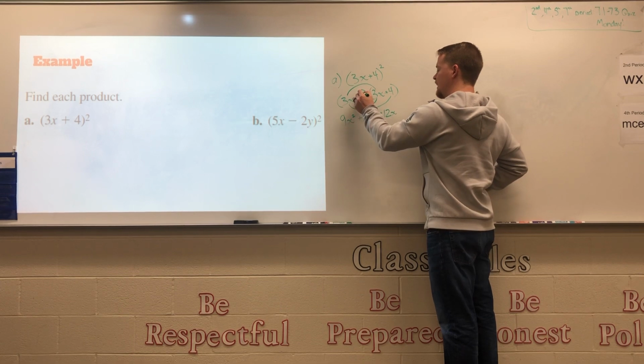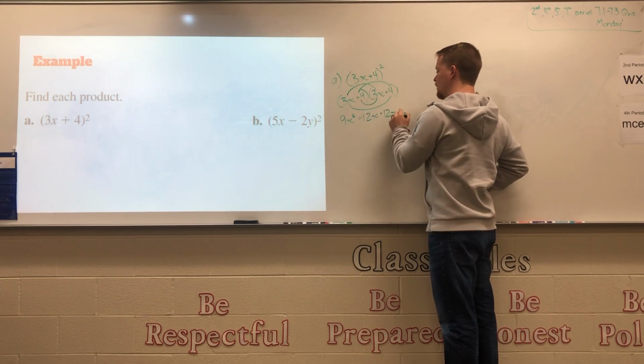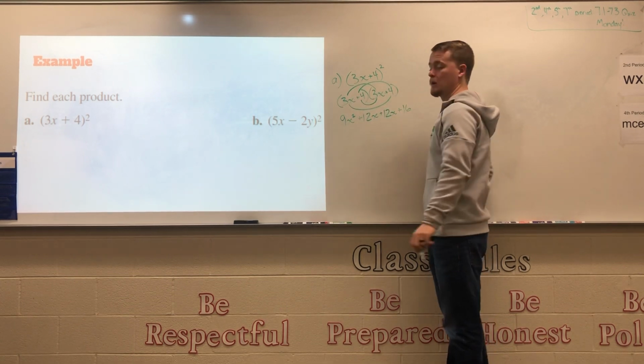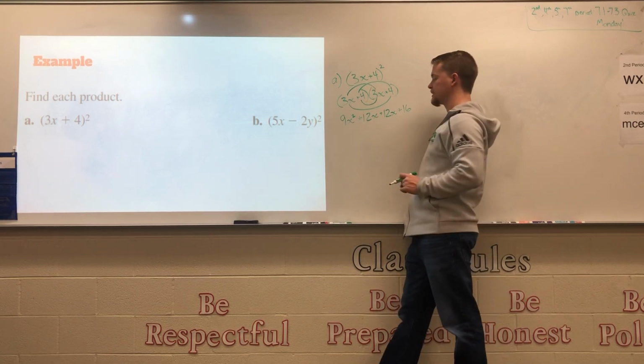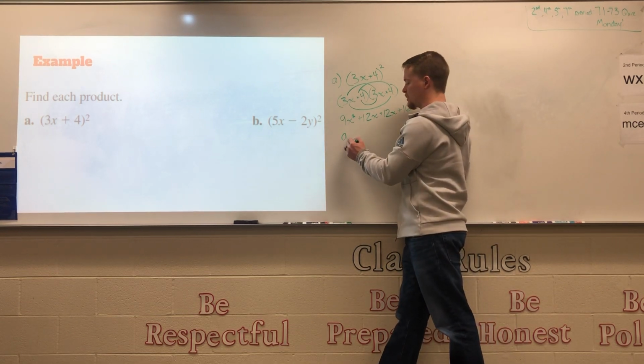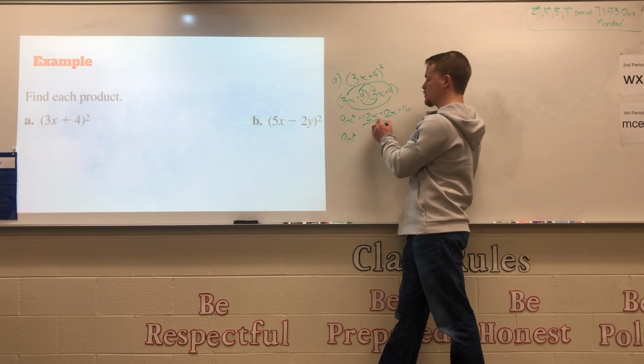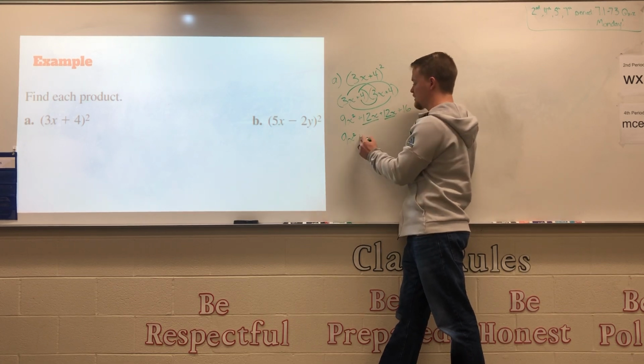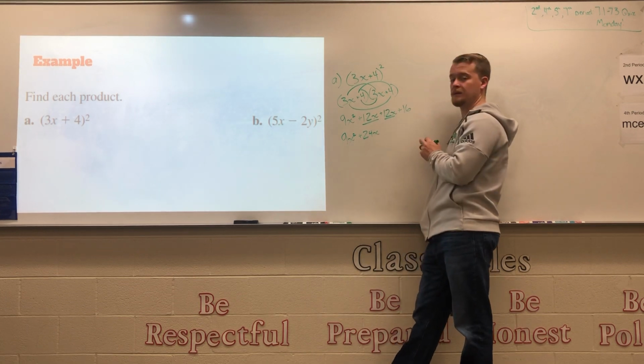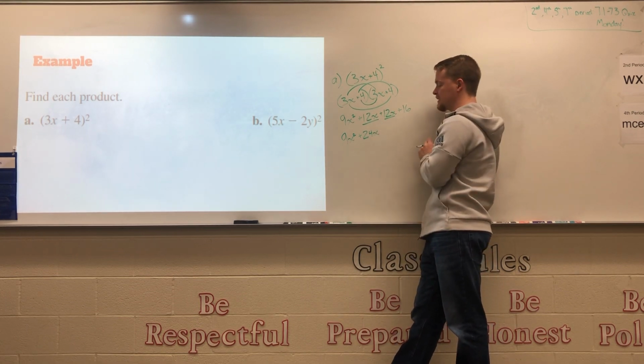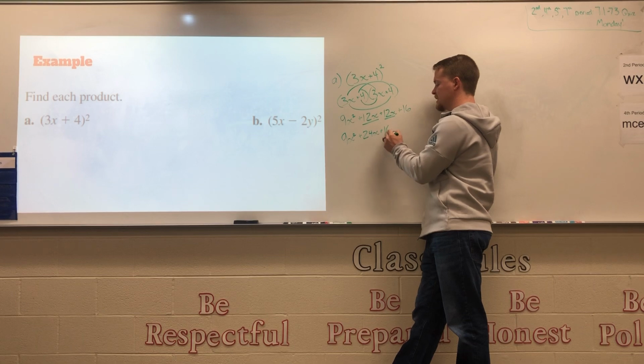And then last, 4 times 4 is 16. And then we need to combine like terms. We bring down 9x squared. 12x and 12x combine to be 24x because we just add the coefficients. Leave the x as it is, and then bring down my plus 16. So this is what your final answer should be.